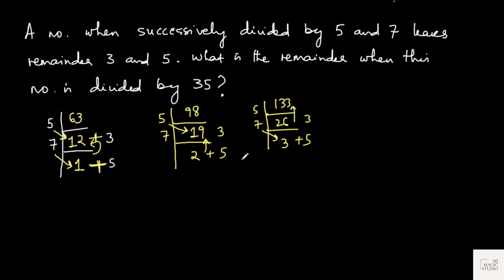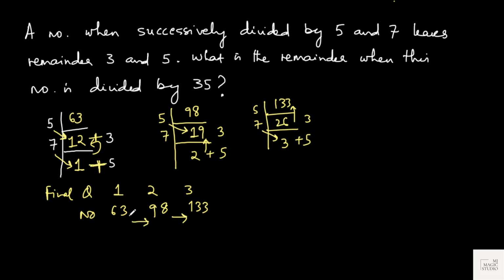So 133 is also such a number which when successively divided by 5 and 7 will leave remainder 3 and 5. Now, if we finally see, when we use the final quotient as 1, we get the number 63. If we use 2, we get the number 98. If we use 3, we get the number 133, and all are correct numbers.